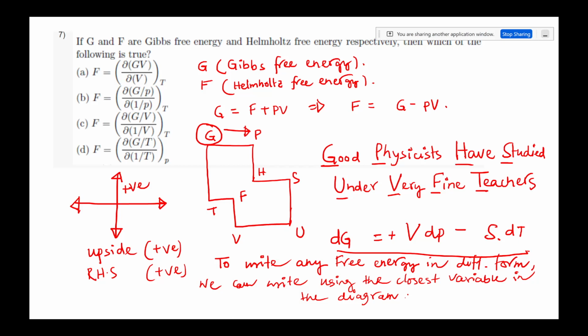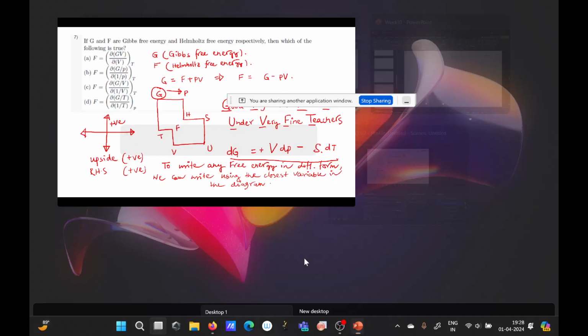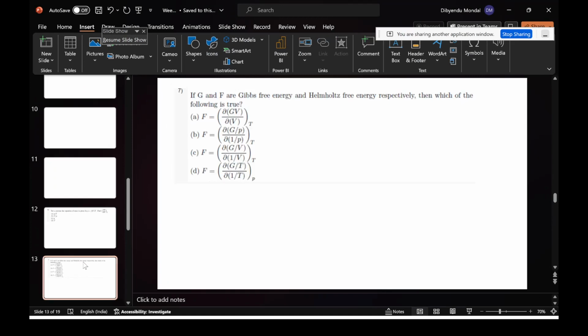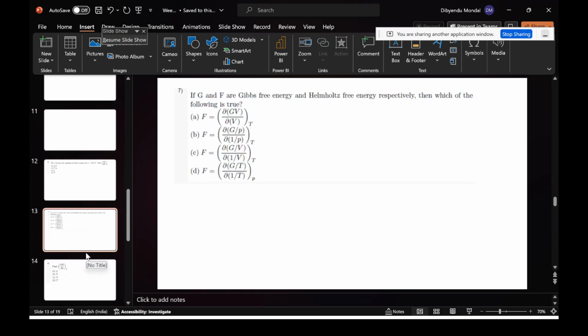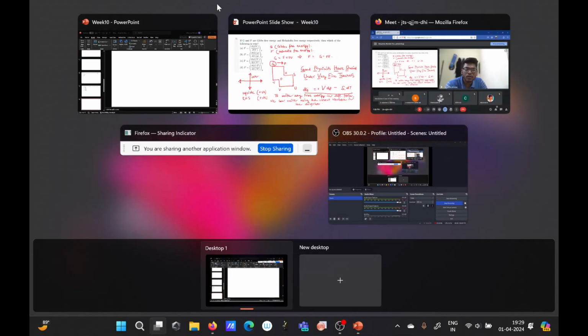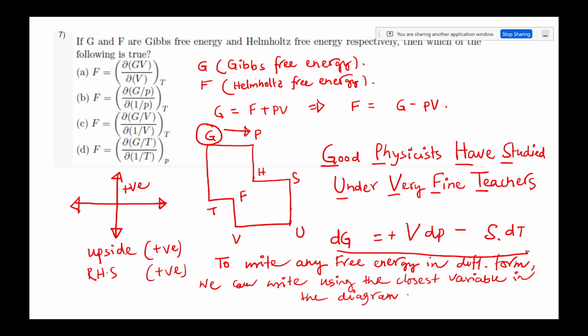V is del G del P at constant T. So from here we can write, let me add one more page. So dG is V dP minus S dT.